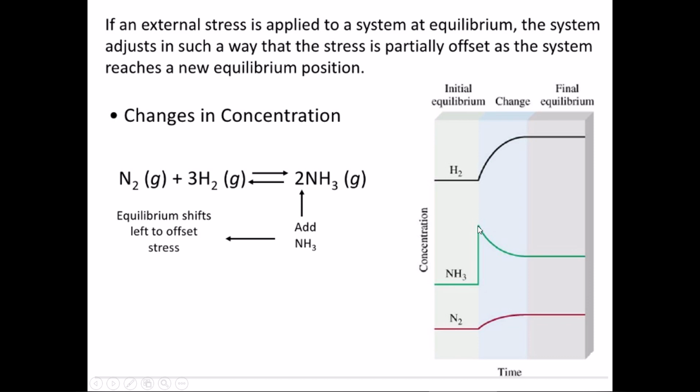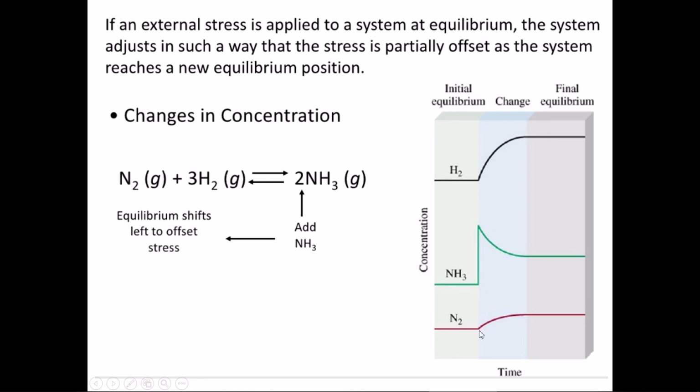So the increase in ammonia made the reaction shift back toward reactants, and now it's using up that excess ammonia, so the concentration is going down until it reaches equilibrium again. Now when the ammonia was spiked and the reaction went back to reactants, our H2 concentration starts increasing until it reaches equilibrium.